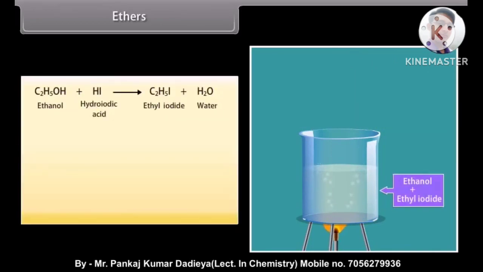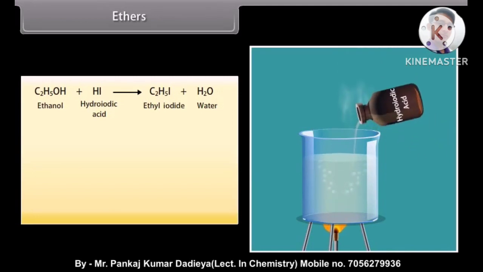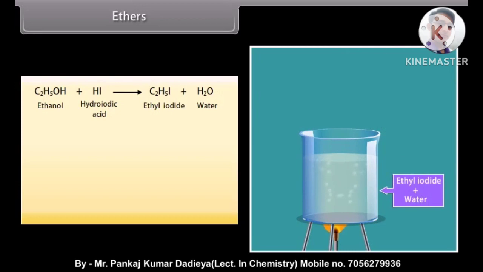With excess of hydroiodic acid, the alcohol formed further reacts to form ethyl iodide. The overall reaction is: hydroiodic acid reacts with diethyl ether at 373 Kelvin and forms ethyl iodide and water.